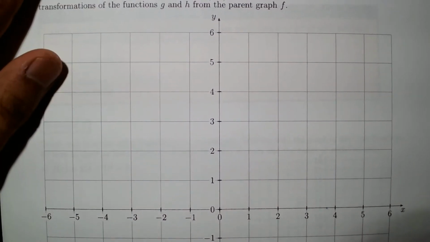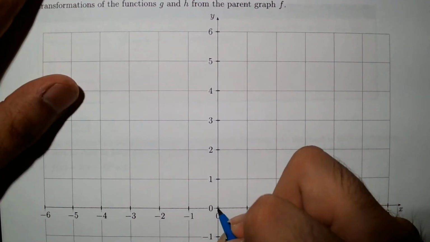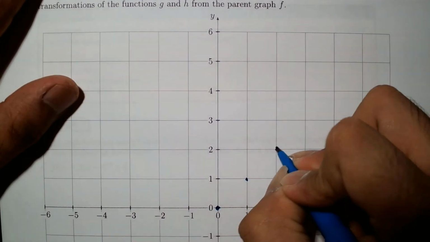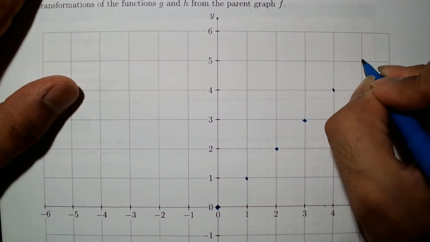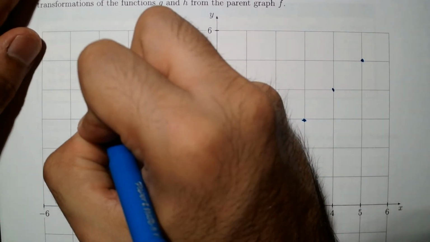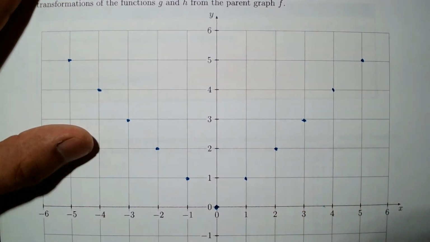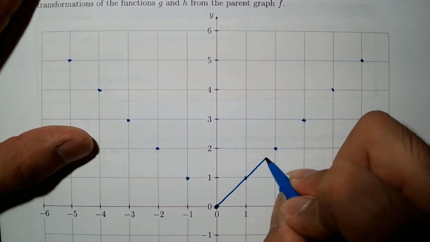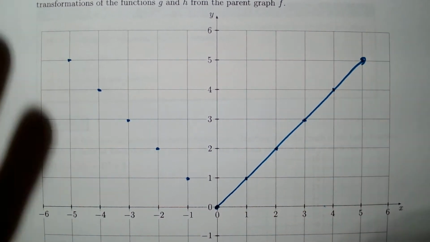So with blue, the origin 0, 0, 1, 1, 2, 2, 3, 3, 4, 4, 5, 5. 1, 2, 3, 4, 5. And then I'm going to just draw the graph.